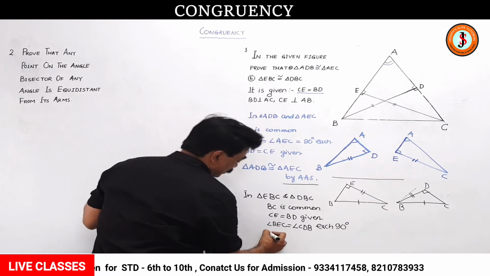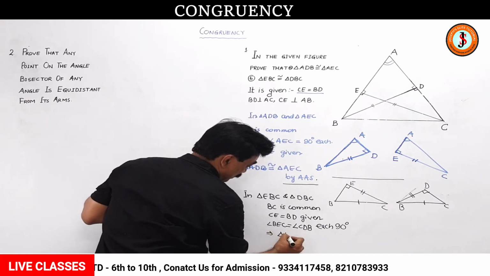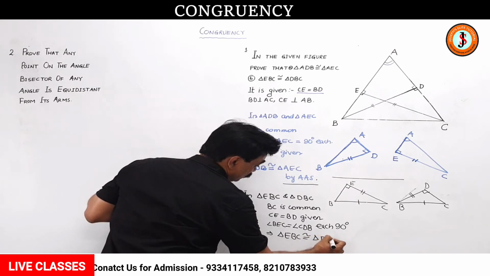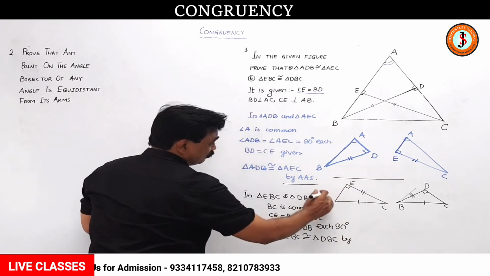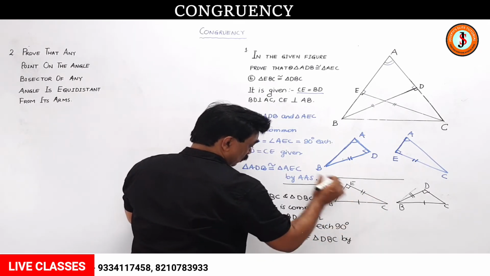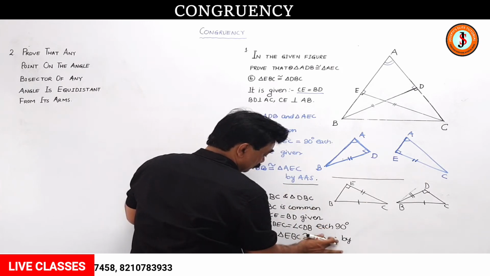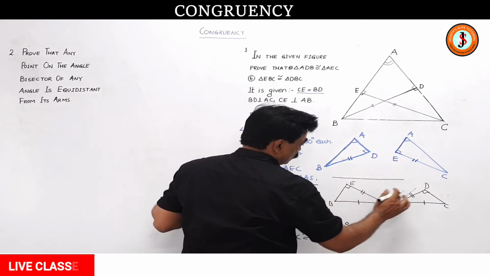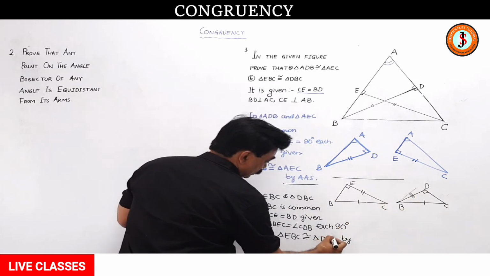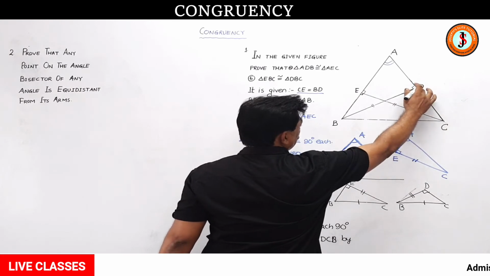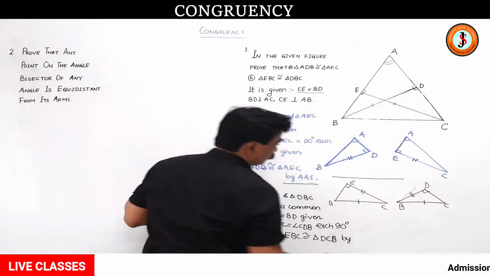This proves triangle EBC is congruent to triangle DCB.